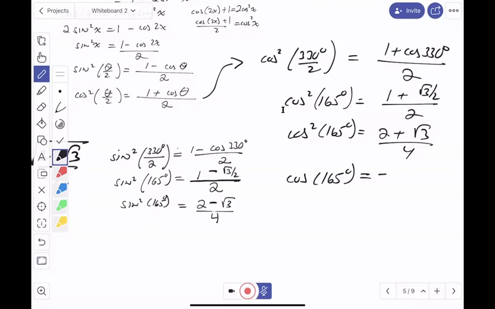It just simplifies to tangent. So the sine of 2 theta over 1 plus cosine of 2 theta is the same thing as tangent of theta.